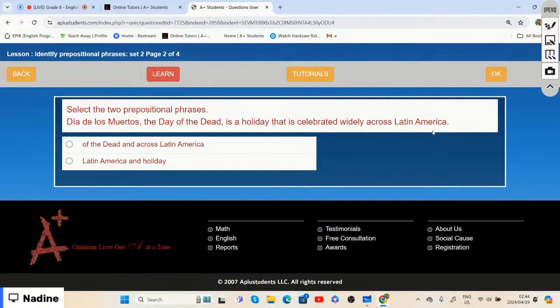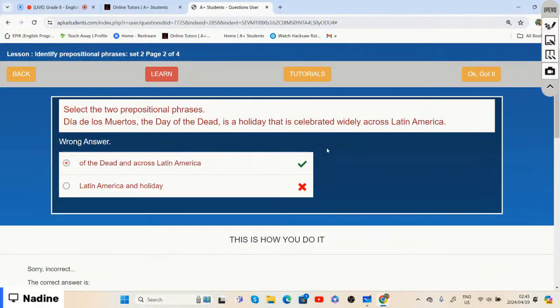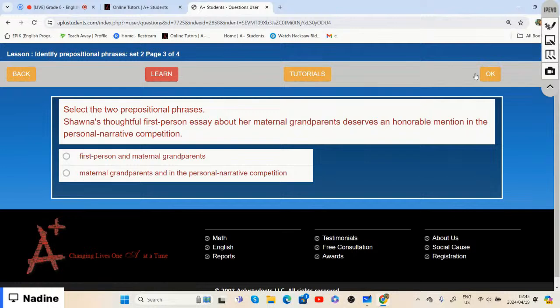We need to select the two prepositional phrases. I think it's this one, I'm not sure. It's the first one actually. That is my mistake. All right, we need to select the two prepositional phrases, right? The last one.